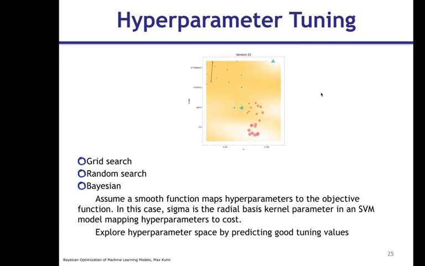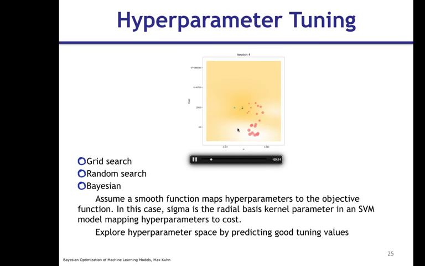This specific simulation that Max did is transforming the hyperparameter space to a single cost using an SVM with an RBF kernel. So that's the SVM parameter, and the darker values are better for the model.